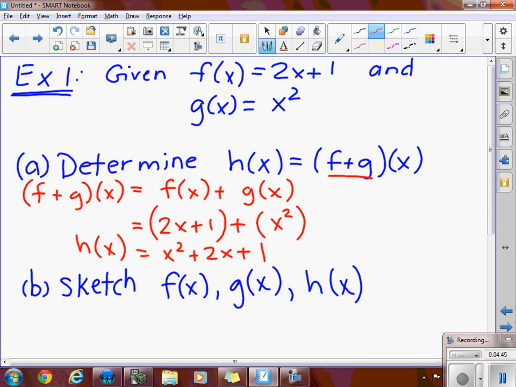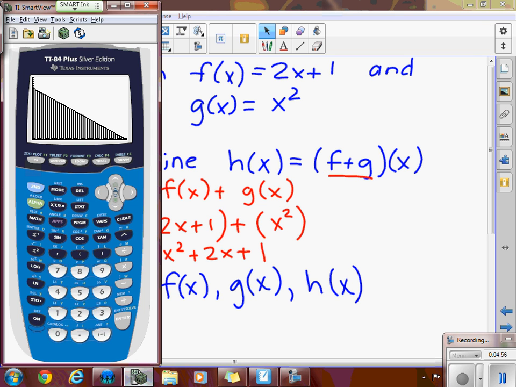Okay, so now it's saying let's take a look at what happens when we sketch f of x, sketch g of x, and then sketch this new function h of x. So in your calculators, you're going to have to clear whatever's in there.